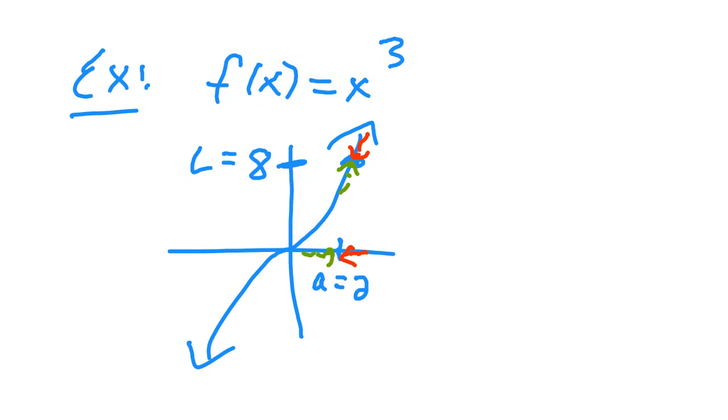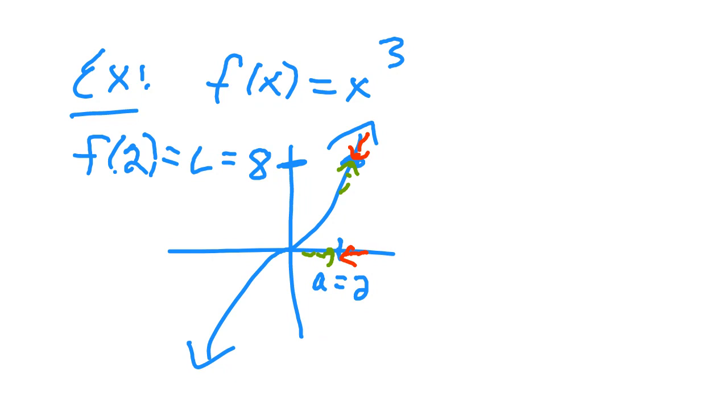So both from the right and from the left, as I get closer and closer to 2, I'm getting closer and closer to a height of 8. And of course, in this case, this actually equals f of 2, so it's okay to plug in. But we can't always plug in. Polynomials are pretty easy: you just plug it in, and that's going to be the limit.